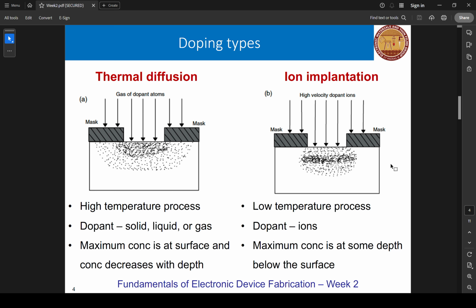Mobility is of electrons, not of atoms. Here we are using atoms and ions. Mobility is a whole different concept. It is the mobility of electrons. When they are part of the lattice and we are flowing current through them, electrons are moving.